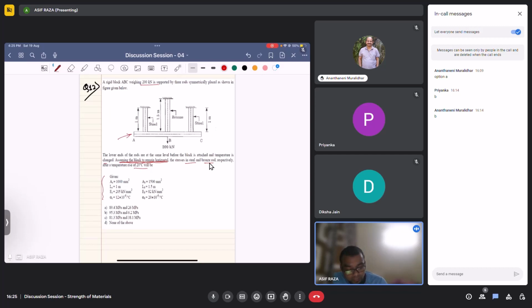If we increase the temperature, the rods would expand freely, and all three need not expand equally. But the given statement says the block remains horizontal. Initially it is horizontal, and after the application of the load and the increase of the temperature, the block remains horizontal. So we need to see how we would get that extra equation.